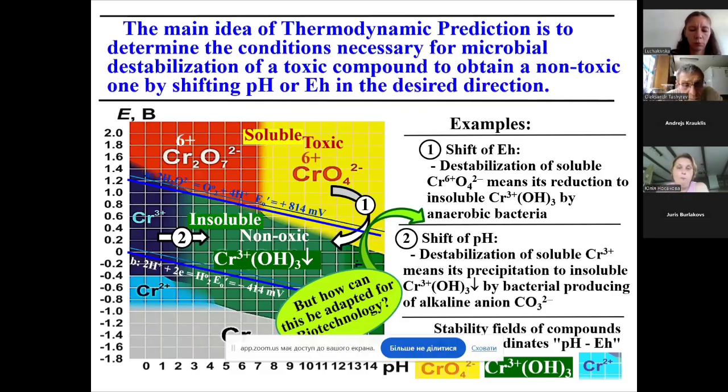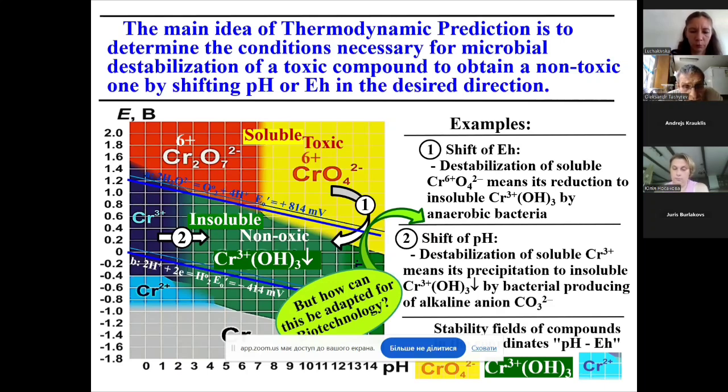First of all, a short explanation. What does the practical application of thermodynamic prediction mean? Here you can see the diagram of stability of chromium compounds in the coordinates pH, the horizontal line, and redox potential, vertical.